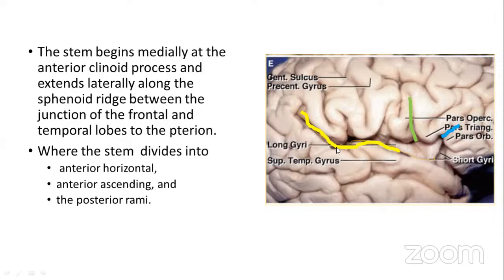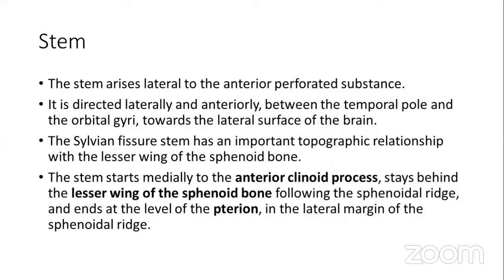And here we know that the Sylvian fissure has three rami: anterior horizontal, ascending, and posterior. So some information related to the base, stem. On later images, we will be showing the anterior perforated substance, the base of skull, in which we have the demonstration of the stem as well as the superficial part of the Sylvian fissure.